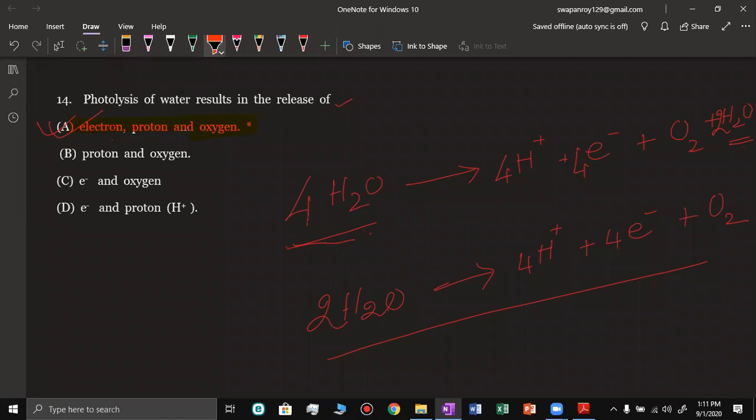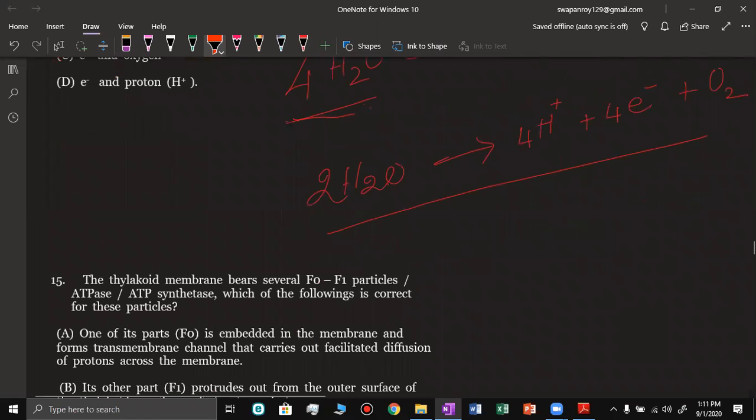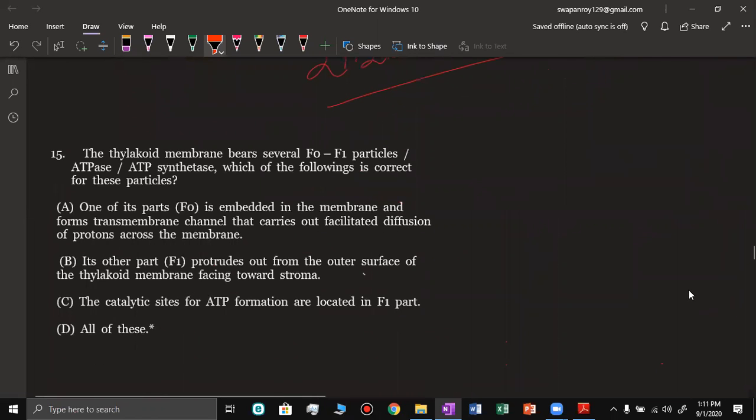We will move to the next question. This is also related to what we have already discussed, the light reaction and the production of ATP. The question is, the thylakoid membrane bears several F0, F1 particles.